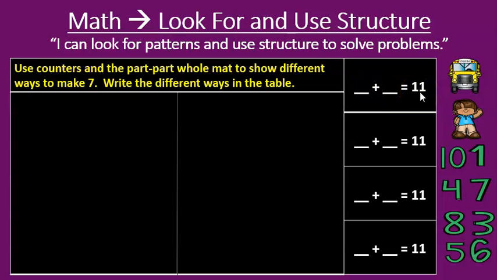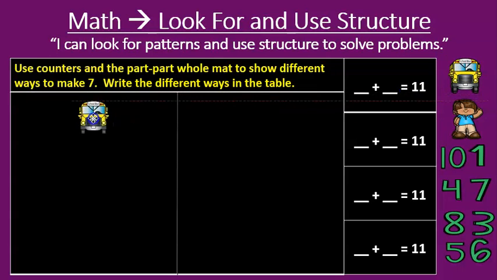Since we know that this addition equation has got to equal 11, we're going to use this bus and this boy here, okay? Now, we're going to have to come up with numbers that equal 11. Now, let's start off like this, okay?